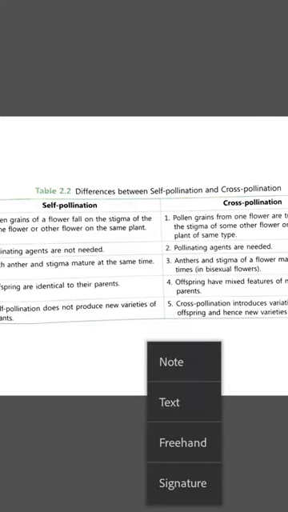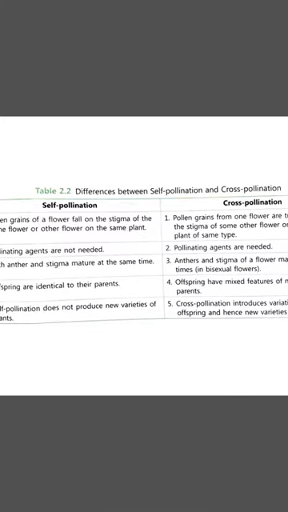In self pollination, what happens? Pollen grains of a flower fall on the stigma of the same flower or another flower on the same plant.